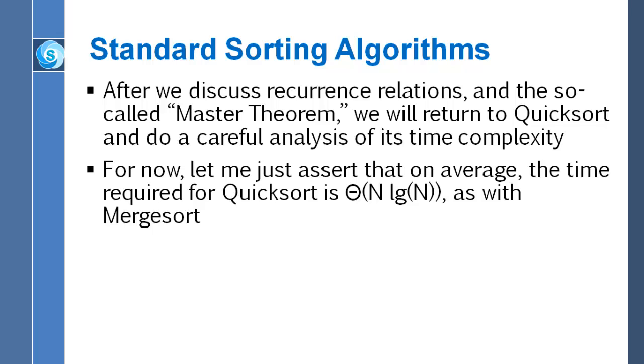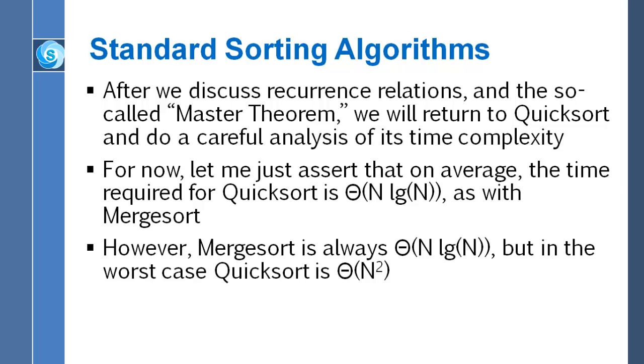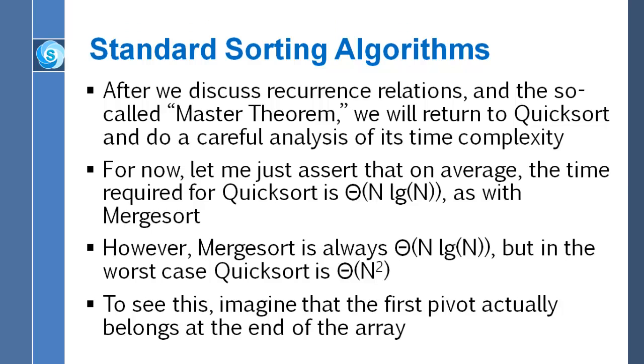But it turns out, and we'll just say so, on average, quicksort sorts with time complexity capital theta n log n, just like Mergesort. Okay? However, things can go wrong with quicksort. In the worst case, quicksort sorts in time capital theta n squared. Okay? And it isn't difficult to imagine the worst case.